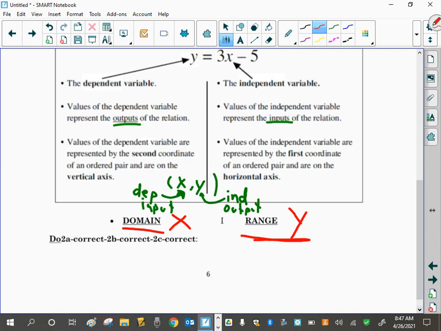Range means y. Output and dependent variable. You need to know those all go together. Leave you 3 more seconds to write that down before we start asking questions. Actually, it says do. So try 2A right now.